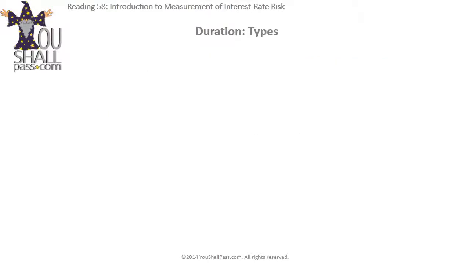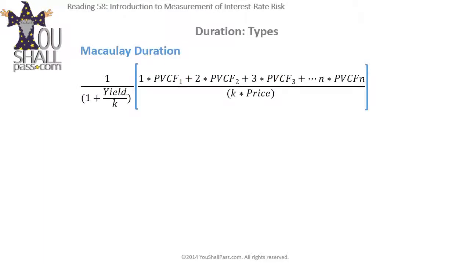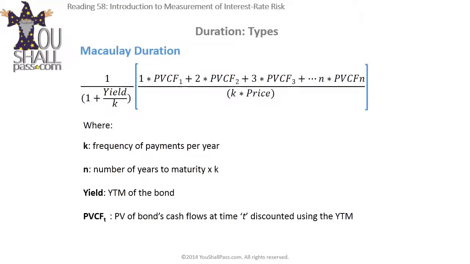There's a third type of duration known as the Macaulay duration, and it looks something like this. The Macaulay duration was developed by a guy named Macaulay, who I guess found himself with a bit of time on his hands back in 1938.